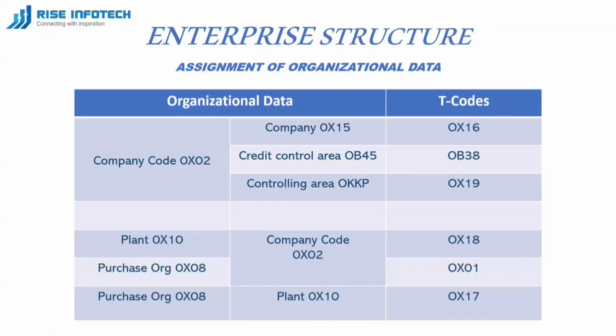And plant to company code, the T code was OX18, and purchase organization to company code, the T code was OX01. And the last one, purchase organization to plant, the T code is OX17.